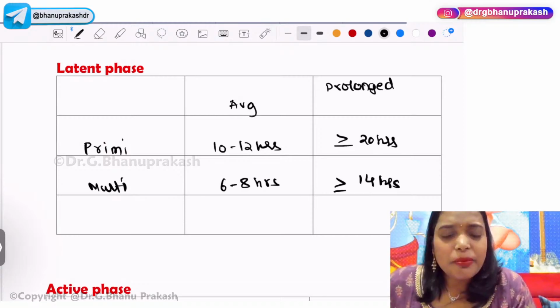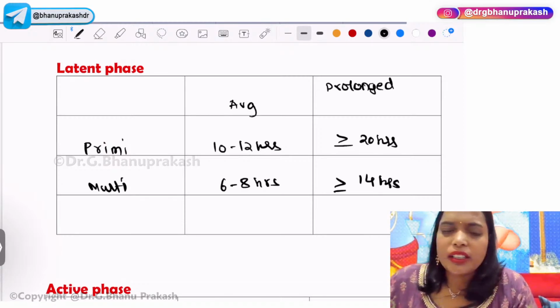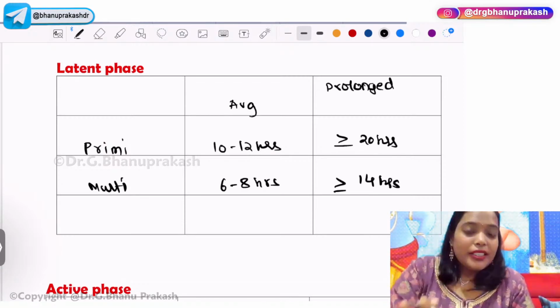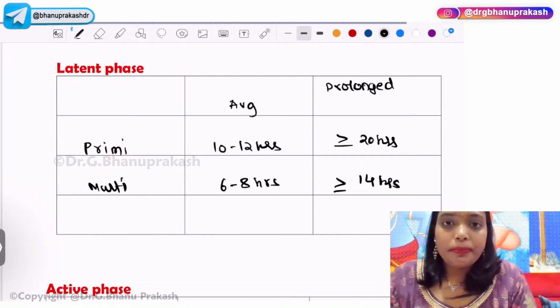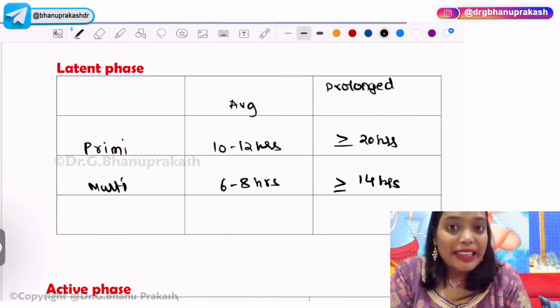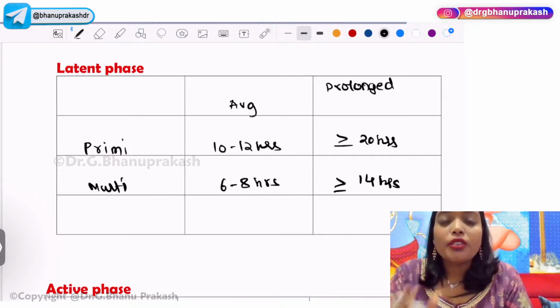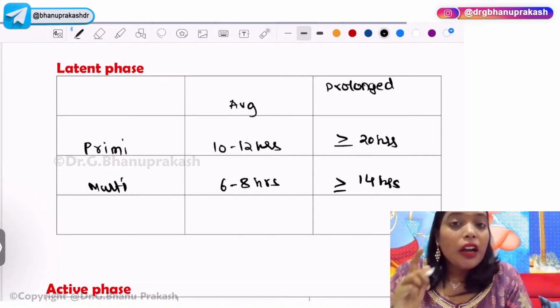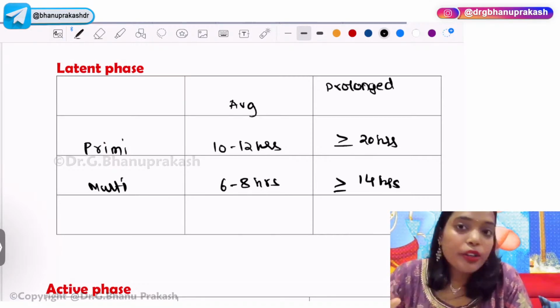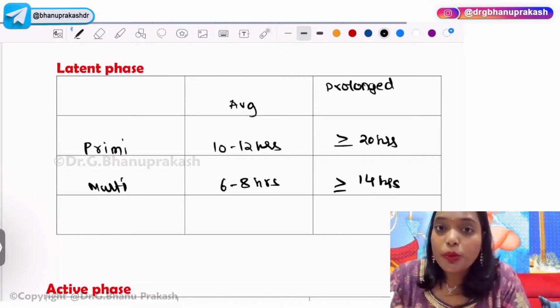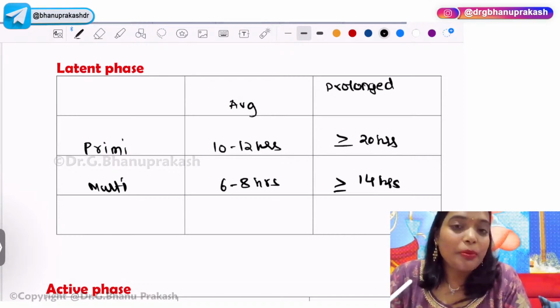Basically, in latent phase, whether it is prolonged or normal, we are just going to watch for the progress of labor. The simplest idea which should be in your brain is, up to 5 centimeters, you're just going to watch for the progress of labor and not do anything.